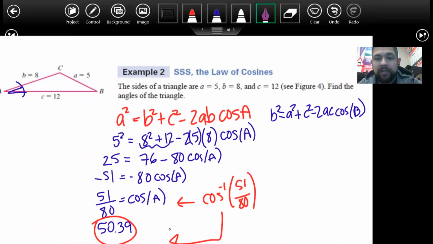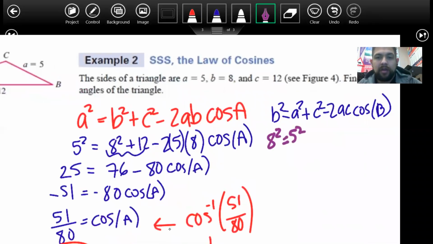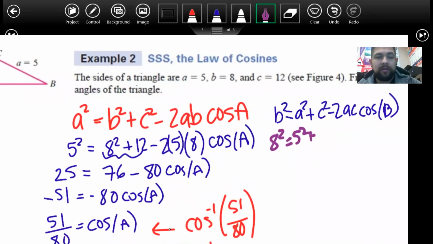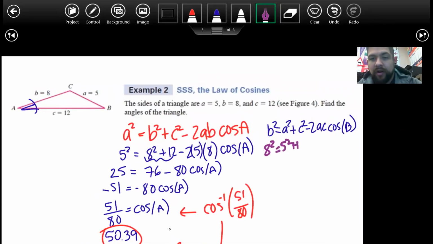We get B squared, so 8 squared, is equal to 5 squared plus C squared. If you look at your C squared, it's going to be 12 squared, minus 2 times AC.